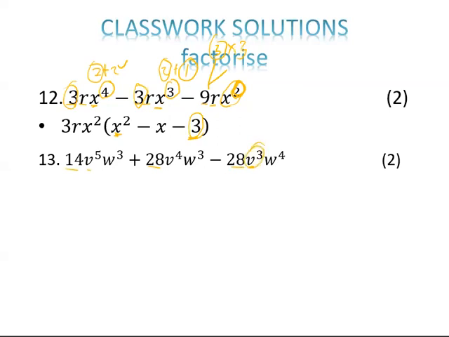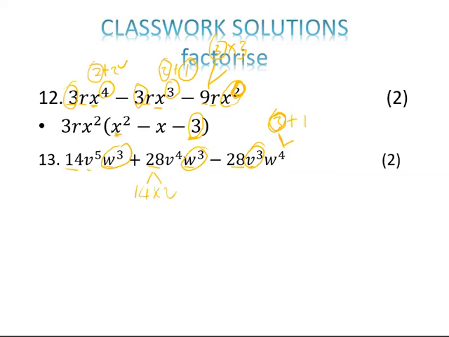When it comes to the w's, it looks like w to the exponent of 3 will be the highest common factor, because here you will be left with 3 plus 1. So if I take out w to the exponent of 3, I'll be left with w to the exponent of 1.